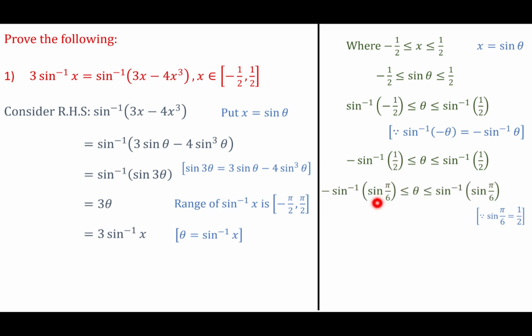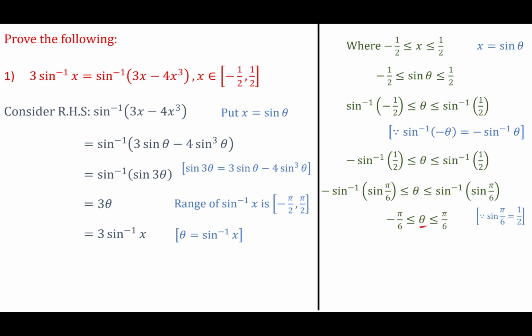See here, in place of half, I wrote sine pi by 6. So here, you can cross out the sine inverse and sine. The remaining is negative pi by 6. And here also sine inverse and sine. So the remaining inequality is negative pi by 6, theta as it is, and pi by 6 here.